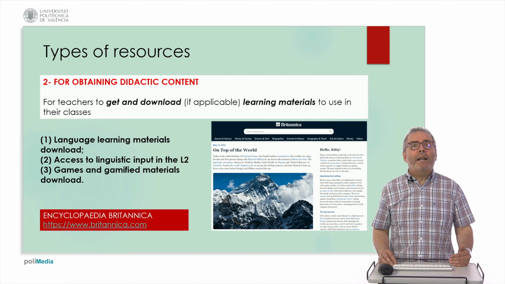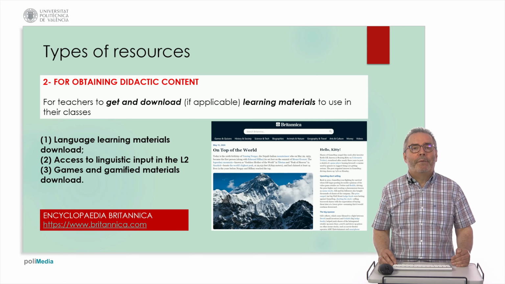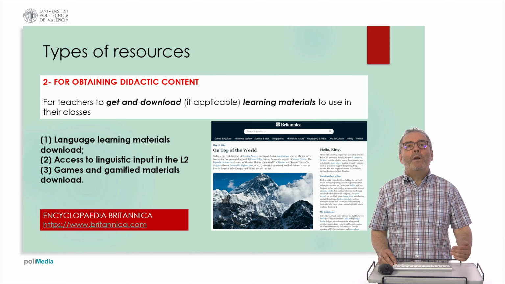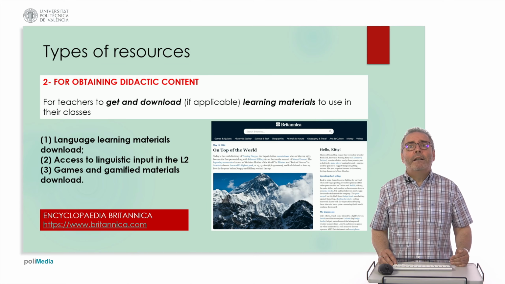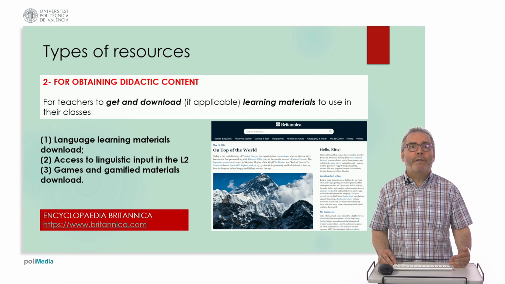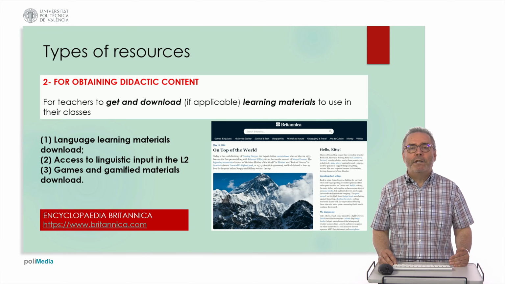The second type is resources for obtaining didactic content. Here the objective is for teachers mainly to get access and download, if we can, learning materials rather than to develop them from scratch. Here we have different possibilities of subcategories, and Encyclopedia Britannica is one example.